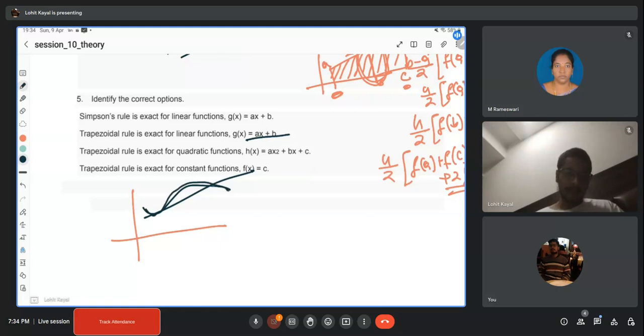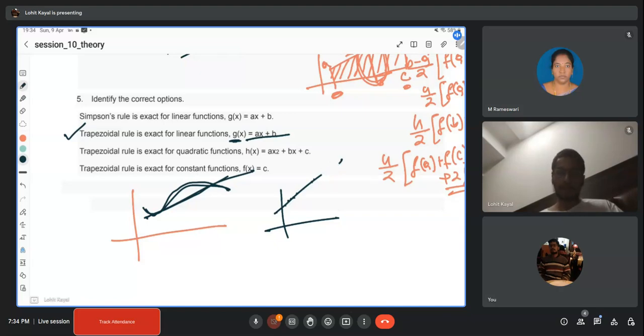I have a curve, I assume it like a straight line, and then I can apply the trapezoidal rule. But if the curve is already a straight line, then my trapezoidal rule is sufficient to give the exact answer. So this option is correct. Now, if it is a constant term, then obviously the trapezoidal rule will work. This is a straight line where x is varying and y is also varying.